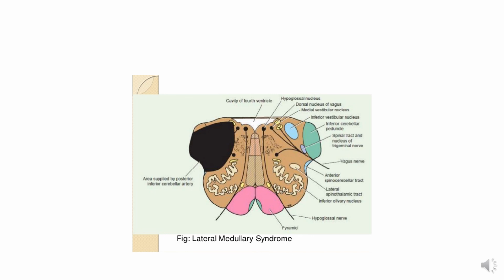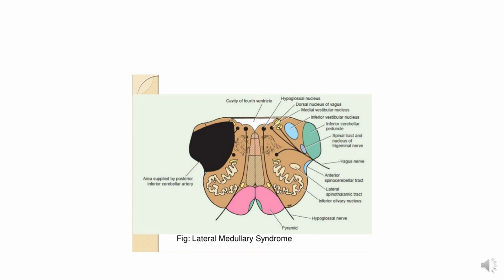Now the lateral medullary syndrome. The lateral part of the medulla oblongata is supplied by the posterior inferior cerebellar artery, which is usually a branch of the vertebral artery, and thrombosis of either of these arteries produces the signs and symptoms known as the lateral medullary syndrome.